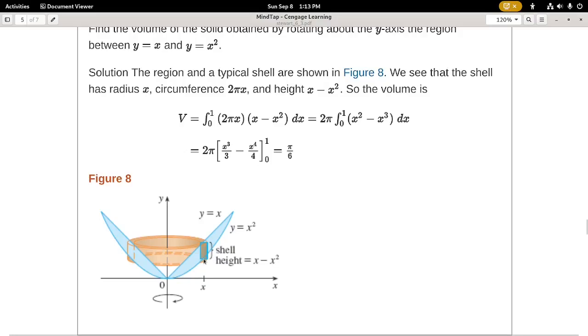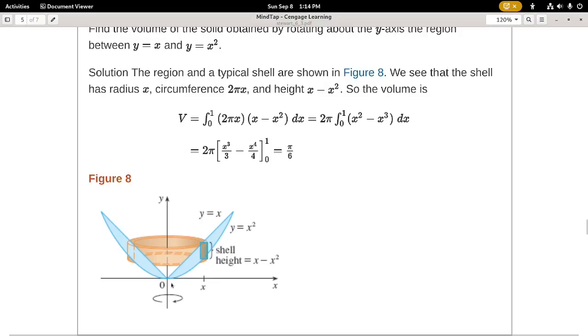That's all it is. If the top curve when you're at x is y equals x, so that value here is x, and the value down here is x squared, so the shell height is the difference between the two, x minus x squared.